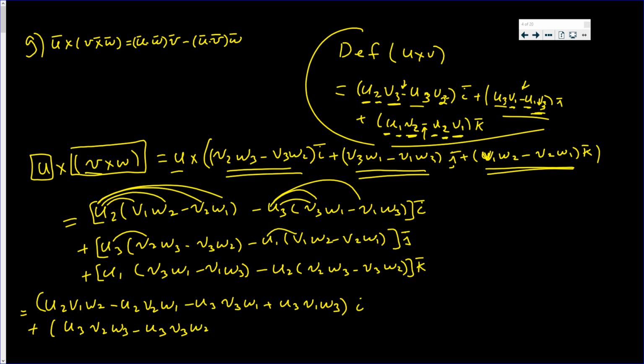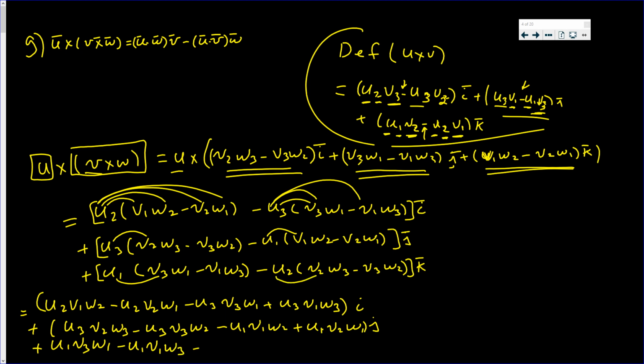Then minus U1V1W2 plus U1V2W1. That's in the j direction. Plus, distribute the U1: U1V3W1 minus U1V1W3.